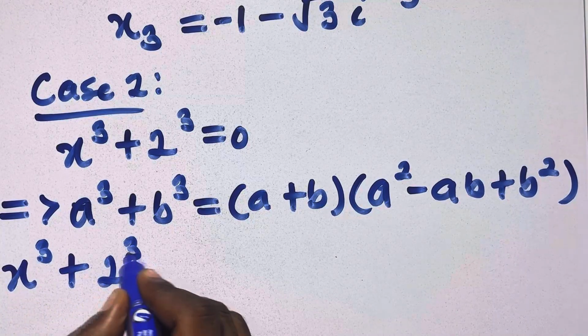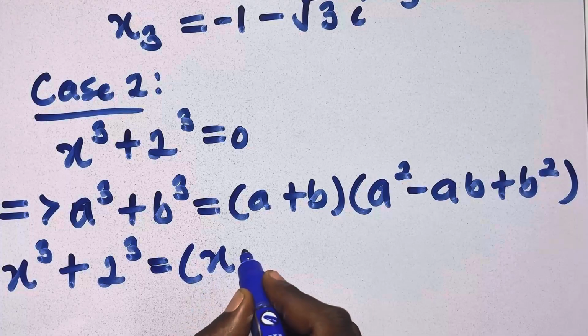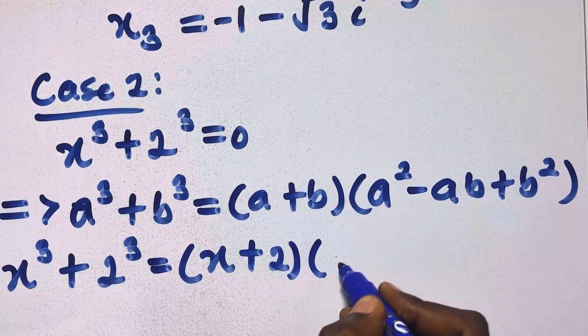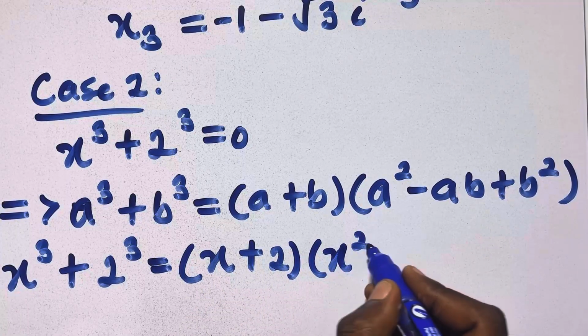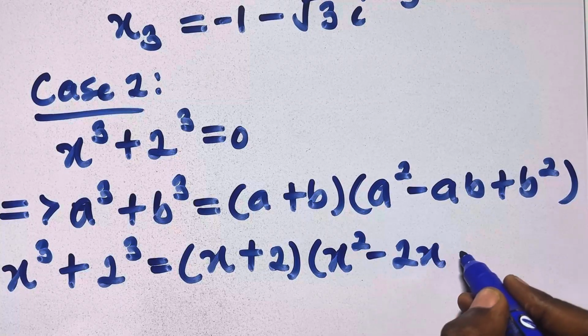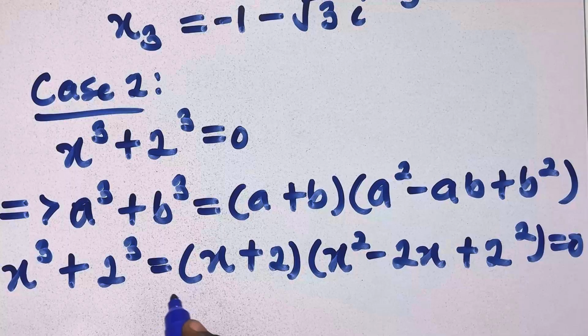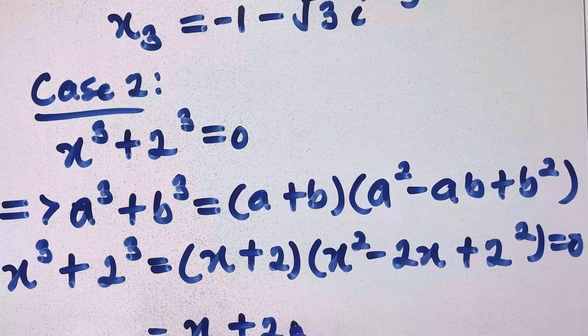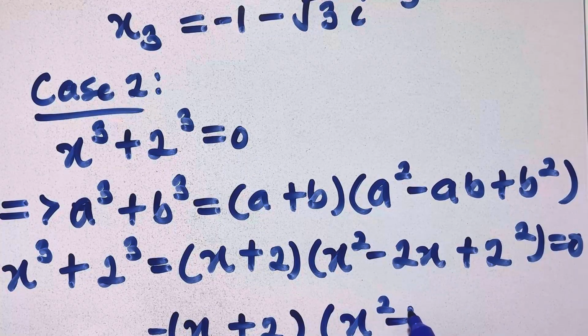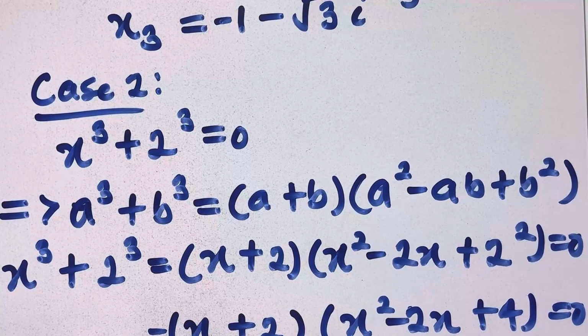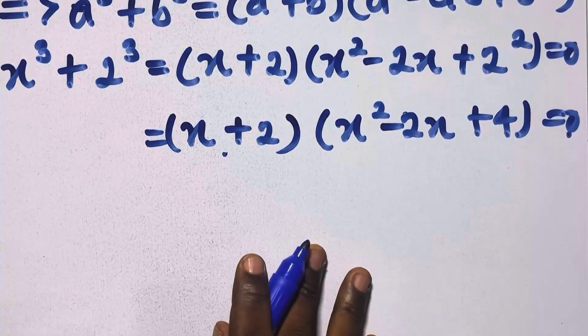So for this expression, x cubed plus 2 cubed equals x plus 2 multiplied by x squared minus 2x plus 2 squared, equals 0. So then we have x plus 2, and then x squared minus 2x plus 4, everything equals 0.